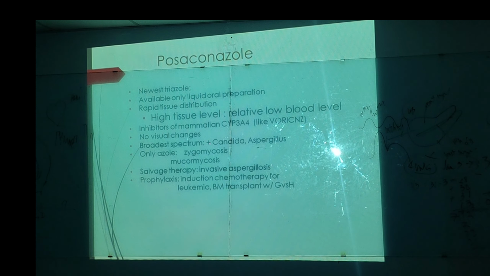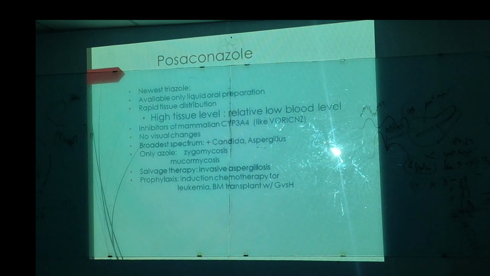Next is posaconazole. This is the newest triazole, and it is available only as a liquid oral preparation. It has a rapid tissue distribution, so it can attain a high tissue level with relatively low blood level. Again, they are inhibitors of mammalian CYP3A4, like voriconazole, but it has no visual changes.